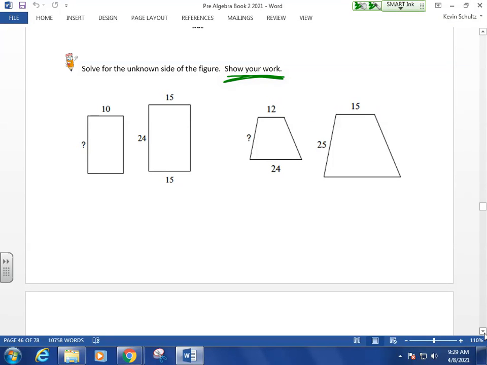So in this case, we're given rectangles, and we can label these shape A and shape B. We're given the short side of shape A, and we want to find the long side of shape A. Give me one possible proportion we could set up that will allow us to solve for this. And you can use X as your variable for that long side. What could we set up here?